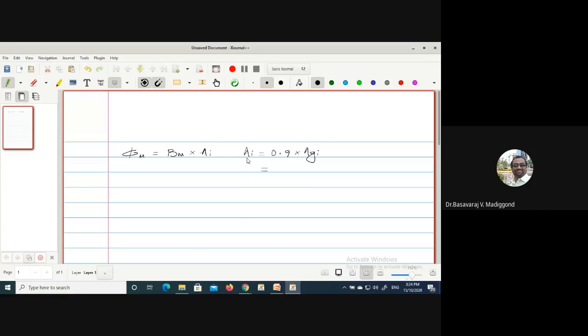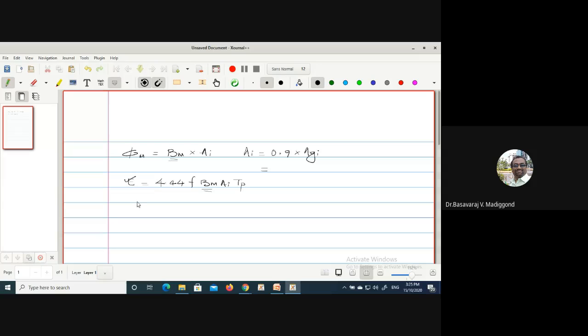Okay. Once you calculate Ai, you can calculate Bm. How do you calculate Bm? You know that E is equal to 4.44 f Bm into Ai into TP. This is the EMF equation, isn't it? So from this you can calculate what is Bm.